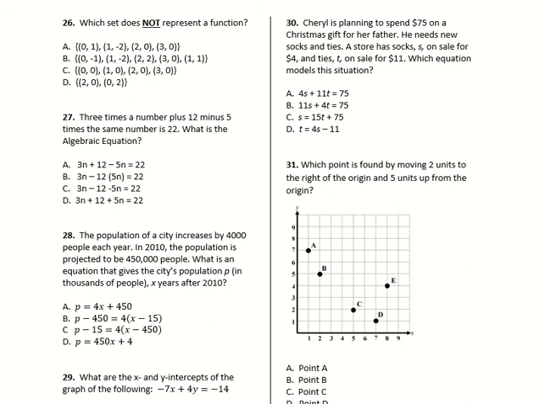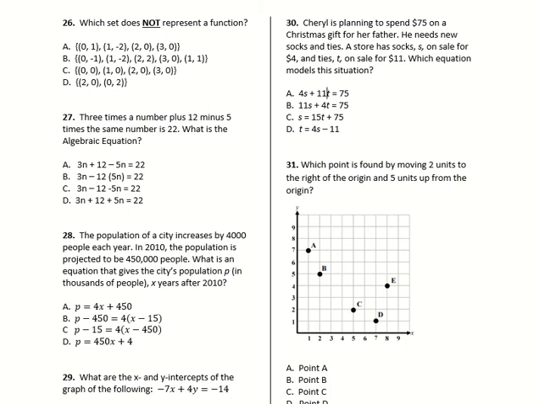28. The population of a city increases by 4,000 people each year. In 2010, the population is projected to be 450,000 people. What is an equation that gives the city's population P in thousands of people X years after 2010? A, P equals 4x plus 450.